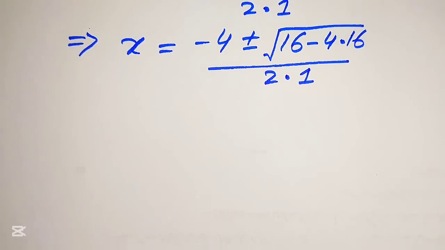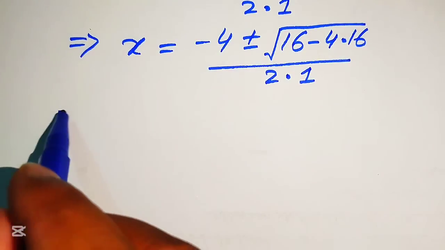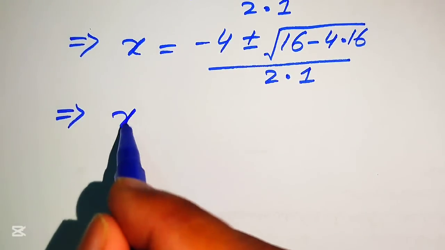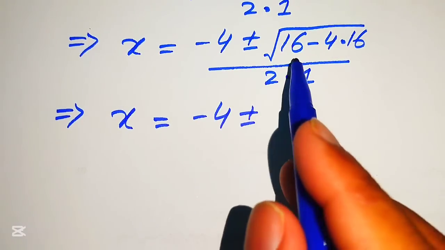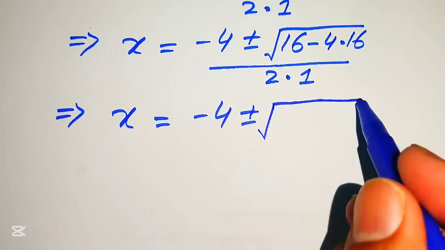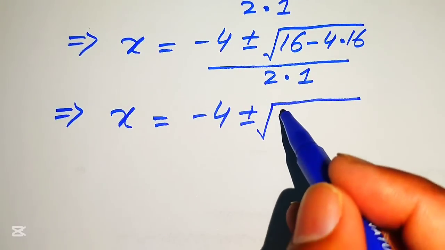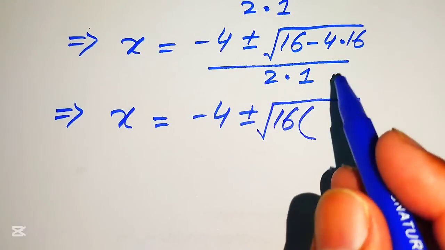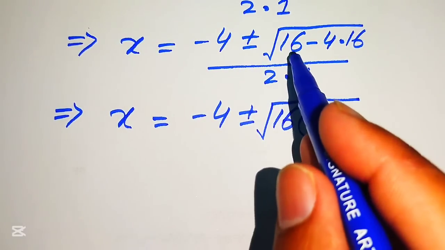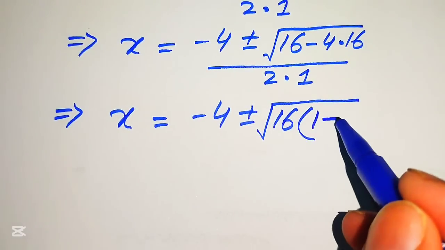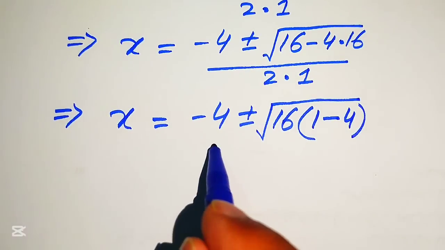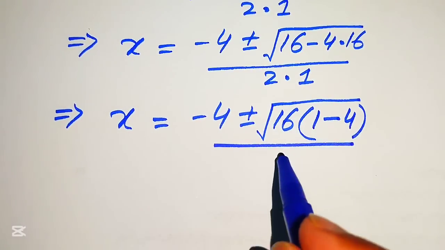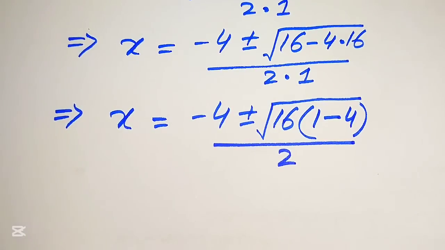In the next step, you see that we have 16 as a common term, so we take 16 common, and we get 1 and 4 as the remaining terms, divided by 2 times 1 equals 2.